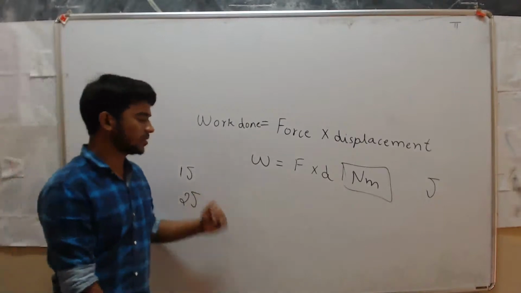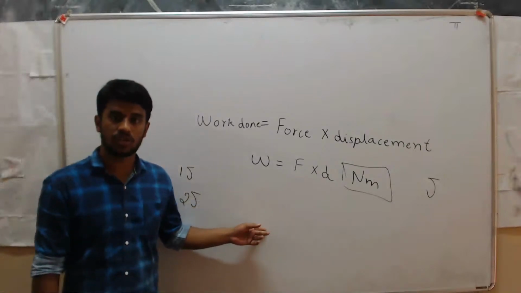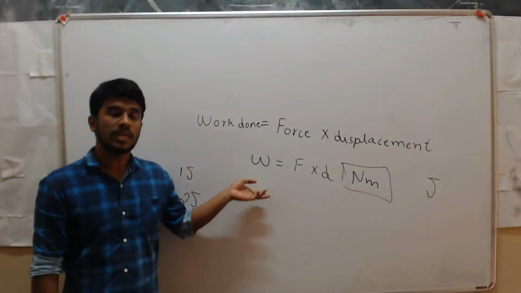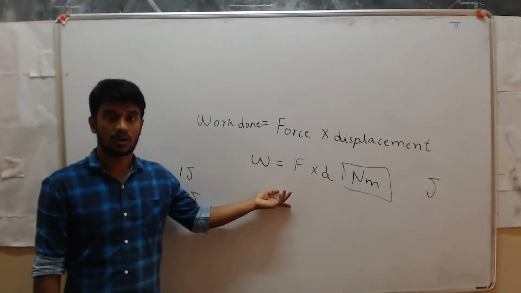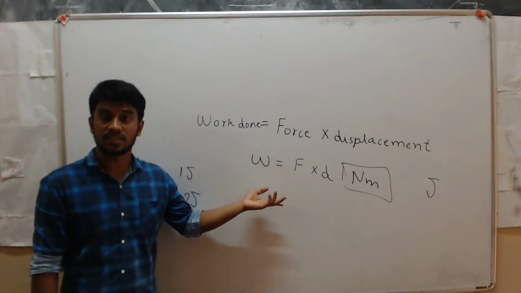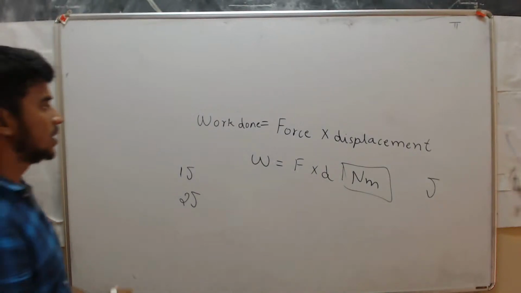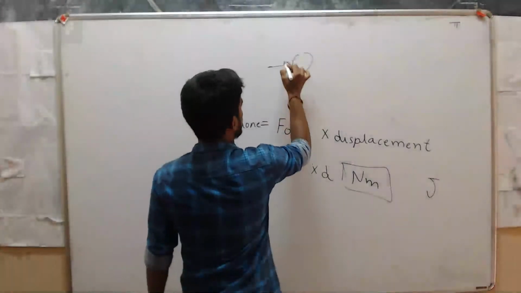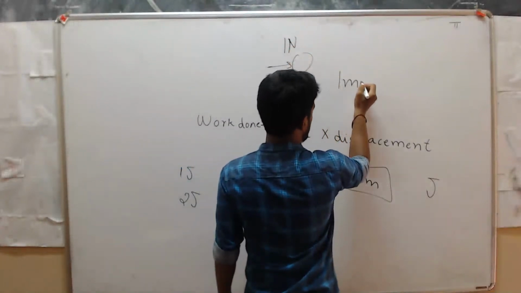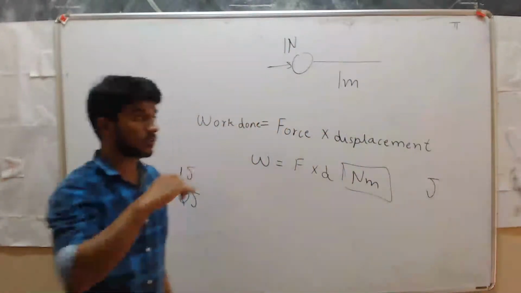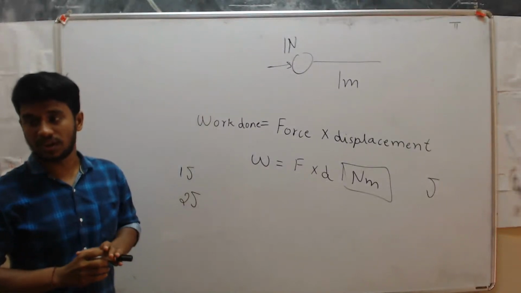If you apply 1 Newton force on an object and it displaces 1 meter, then we can say that 1 joule of work is done.